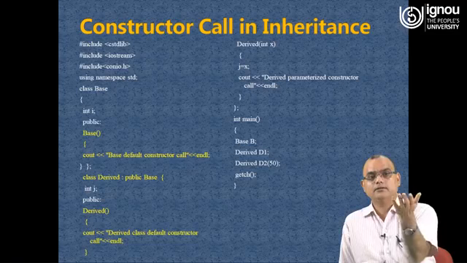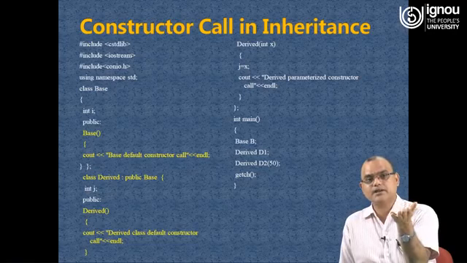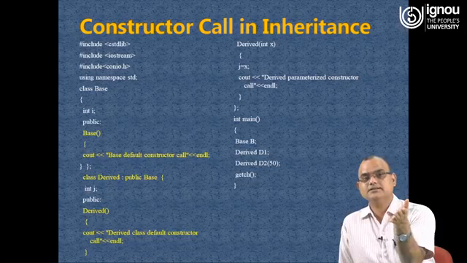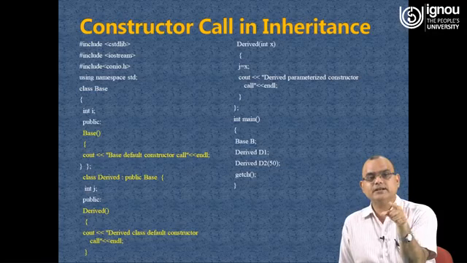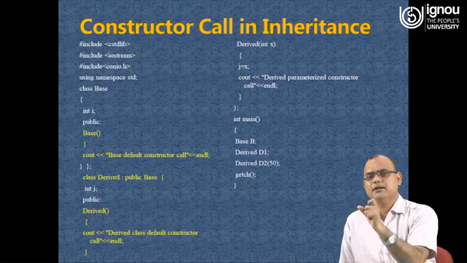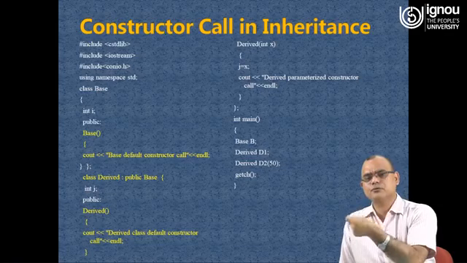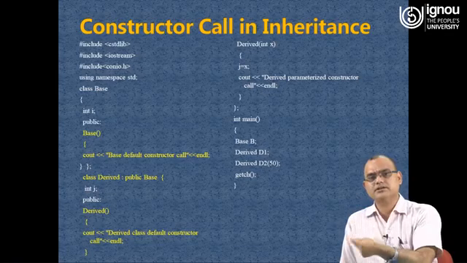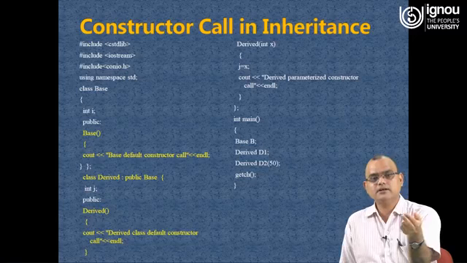The demonstration of that is done here in your exercise on the screen. You see there is a base class named base. In that there is a constructor, with the message "base default constructor" written here, just displaying a message. The purpose of this program is to show how that constructor is called. And then the next one is the derived class.